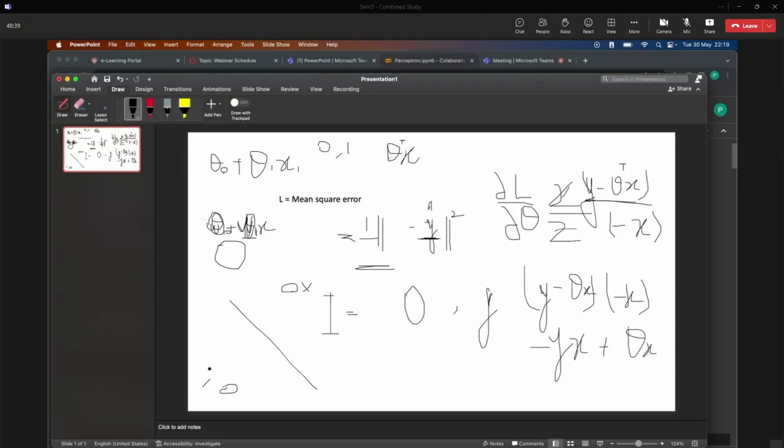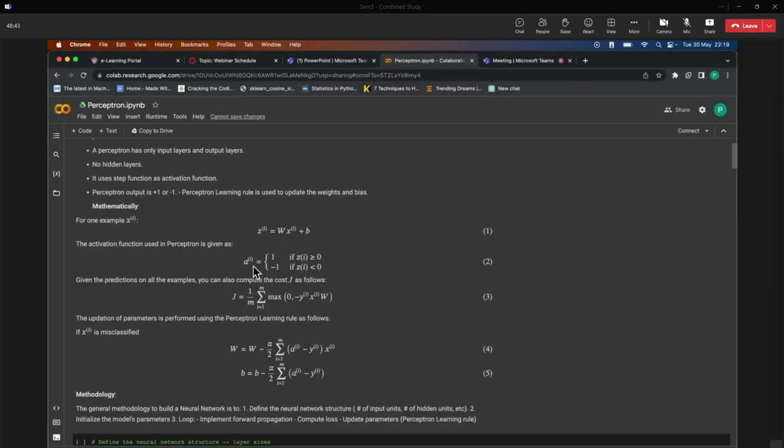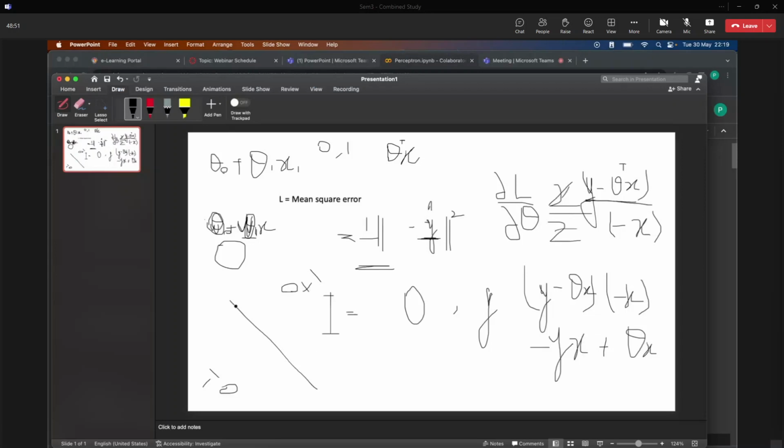If the point is here, then it is minus 1. This is what it means: if the perceptron gets the value on this side of the decision boundary, then it is plus 1. Otherwise, it is minus 1.